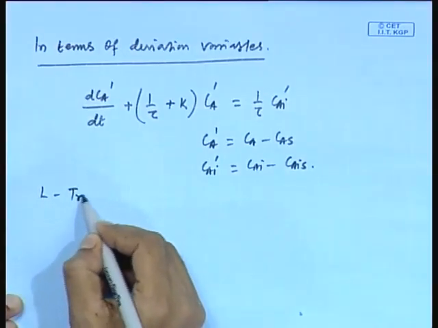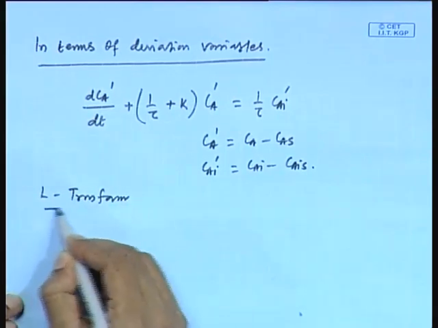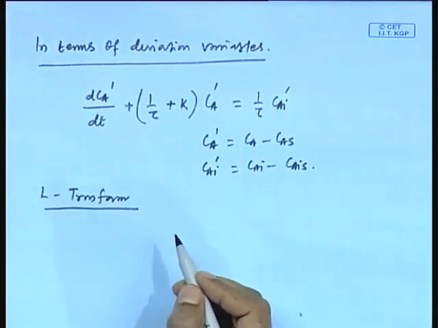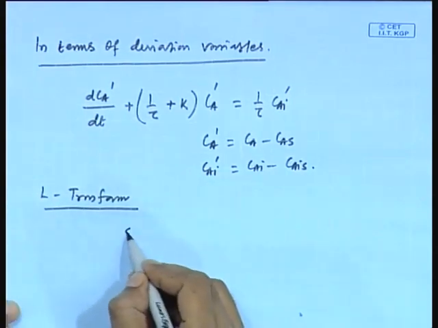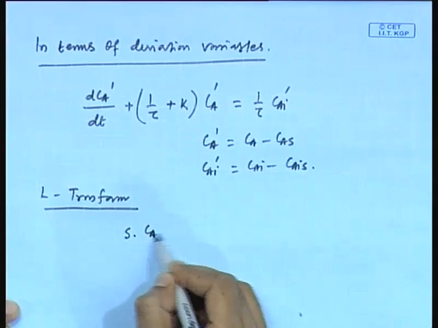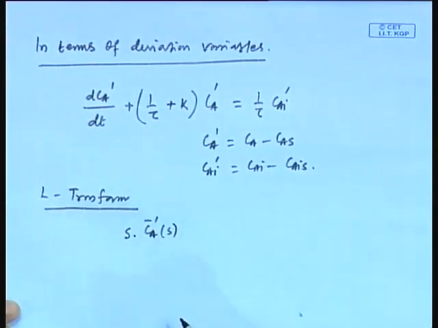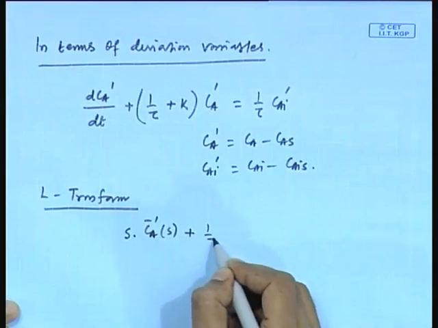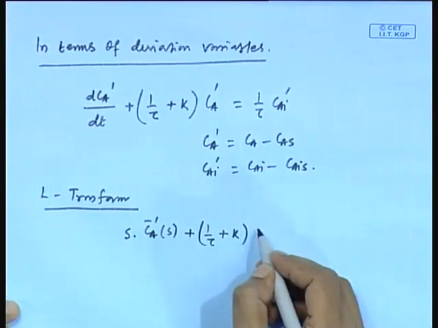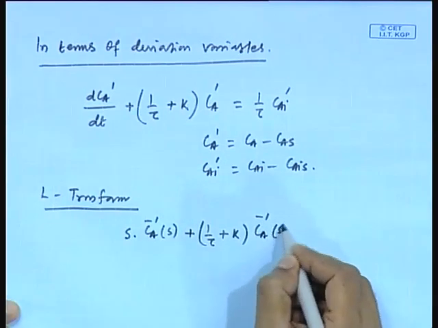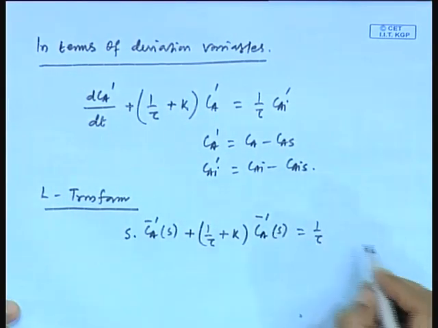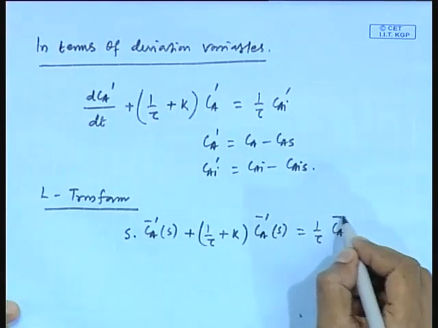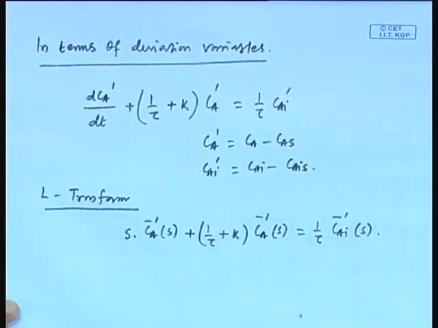To get the transfer function, we need to take the Laplace transform of this equation. If we take the Laplace transform, we get s Ca bar prime(s) plus (1 by tau plus k) Ca bar prime(s) equals 1 by tau Cai bar prime(s).